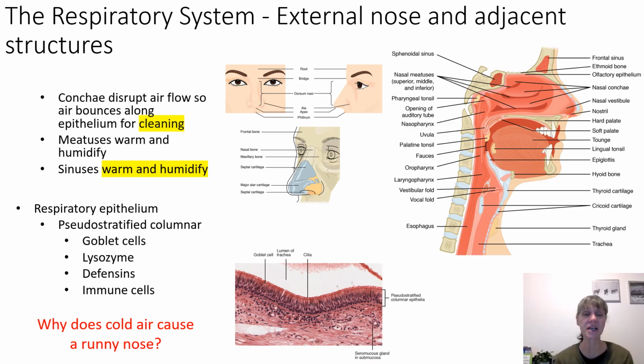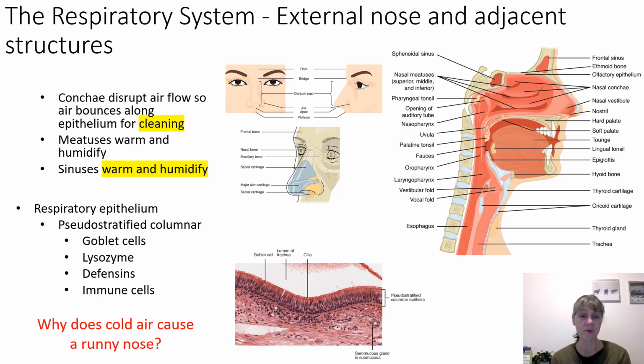And the conchae allow for air to swirl around, and that helps to clean the incoming air, and those meatuses or canals that are formed by the conchae help to warm and moisten the air.